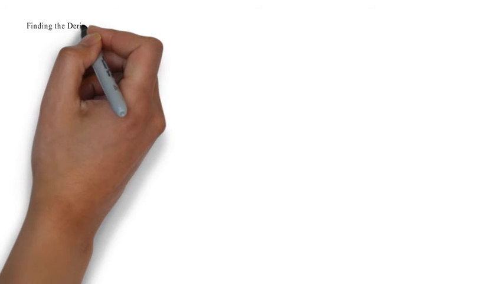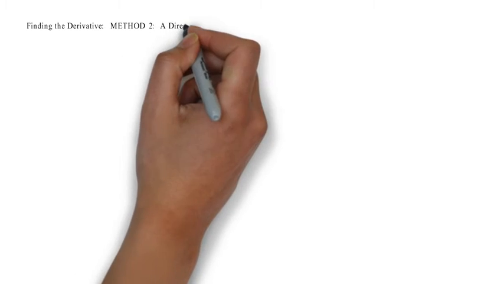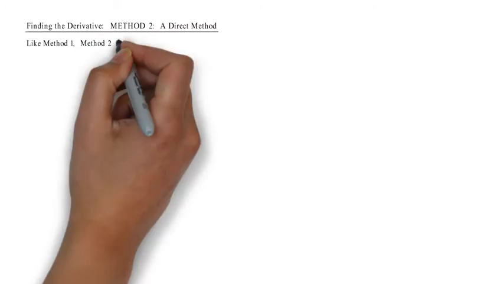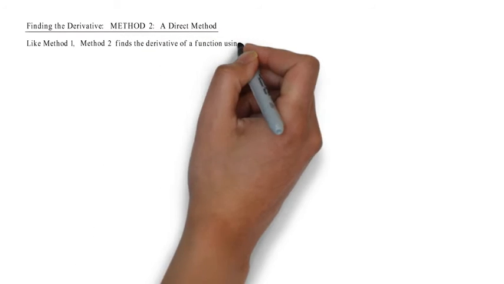Finding the derivative. Method 2, a direct method. Like method 1, method 2 finds the derivative of a function using the quotient rule.